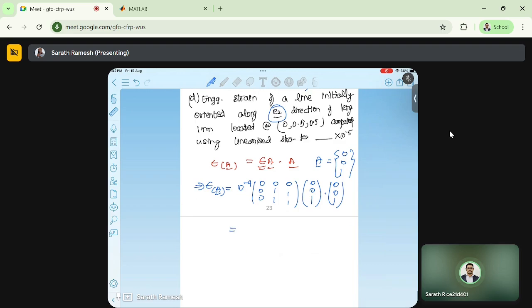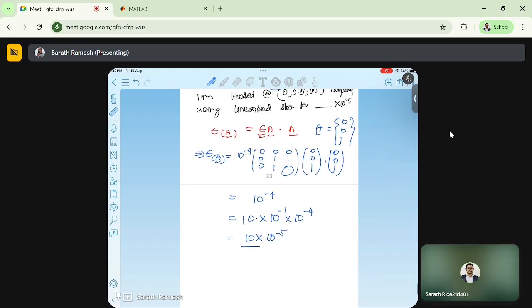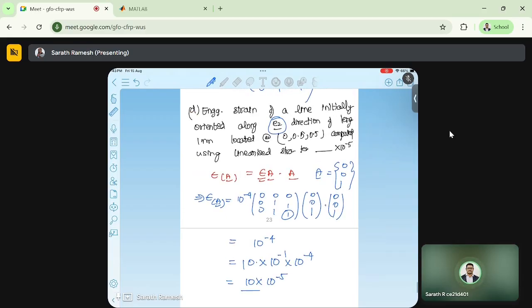This is nothing but the ZZ component, so just 10 power minus 4. We want to write it in terms of 10 power minus 5, so 10 into 10 power minus 1 into 10 power minus 4, which is 10 into 10 power minus 5. So the answer is 10.